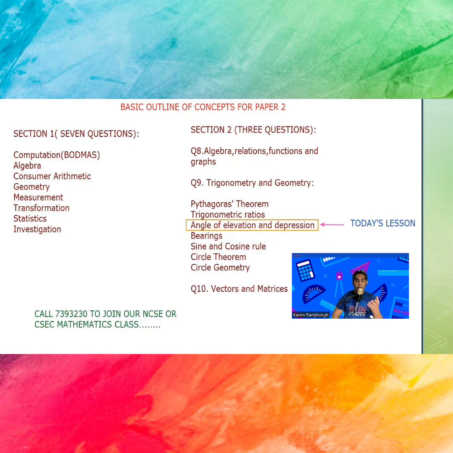Your paper two is a structured paper where you have 10 questions to do. Section 1 has 7 questions, Section 2 has 3 questions. And the basic outline or the topics of questions in Section 1, you see it there: computation, algebra, consumer arithmetic, geometry, measurement, transformation, statistics, and investigation.